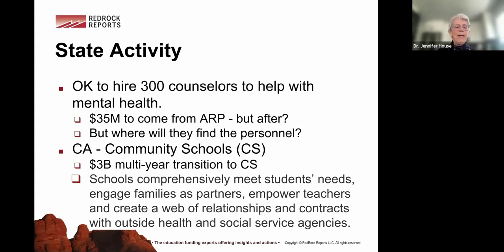But it's really more different types of companies that are providing SEL services as well as local. So this is something to watch, because as I'm watching the legislation of more states doing this, they are putting state money behind this, not just depending on ARP.